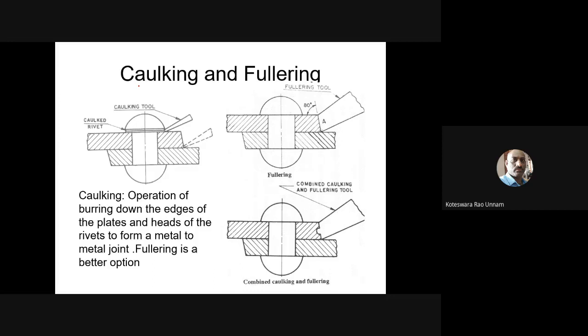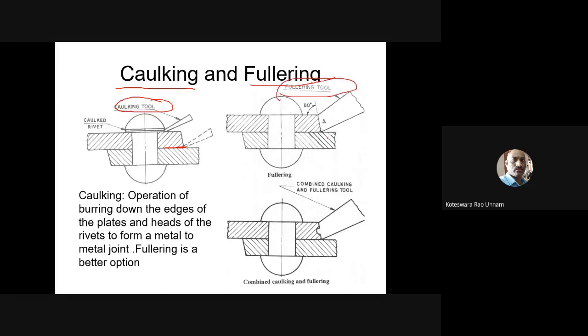So to provide that tightness, we'll use these two operations, which we call caulking and fullering. At this point here, there is a possibility of leakage. To remove that, two different kinds of tools are used: one is called the caulking tool, and the other is called the fullering tool.